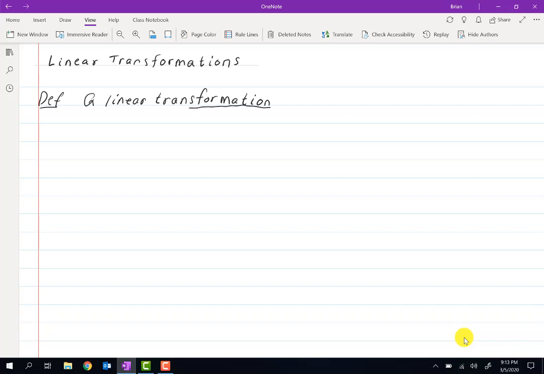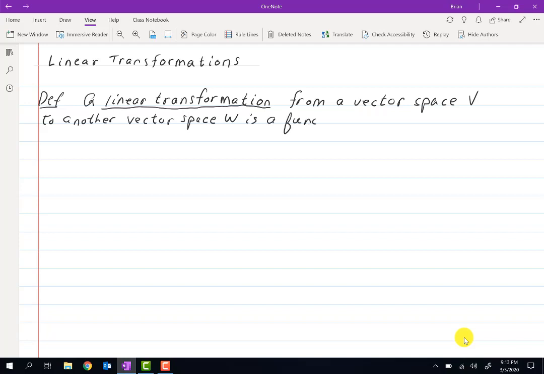A linear transformation from a vector space V to another vector space W is a function T. We use capital letters for these things. The function T has the following properties.